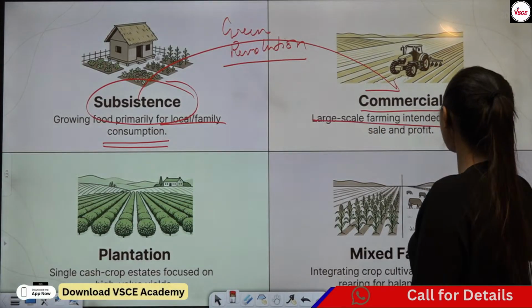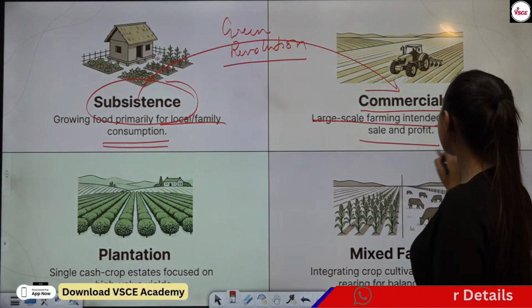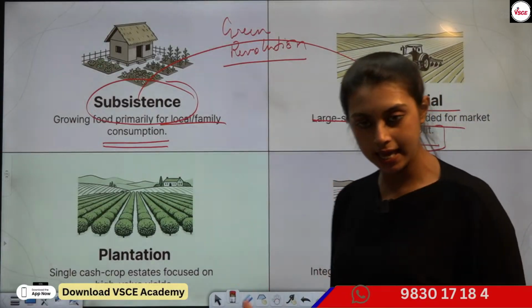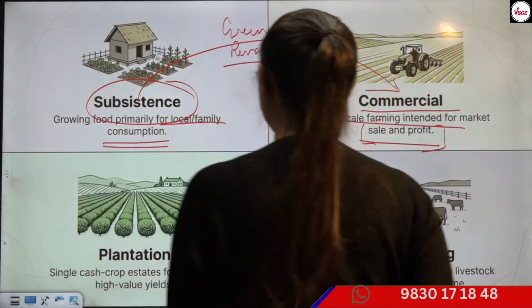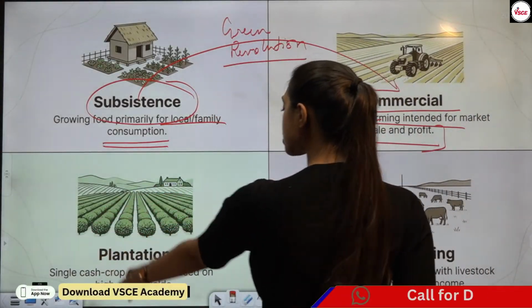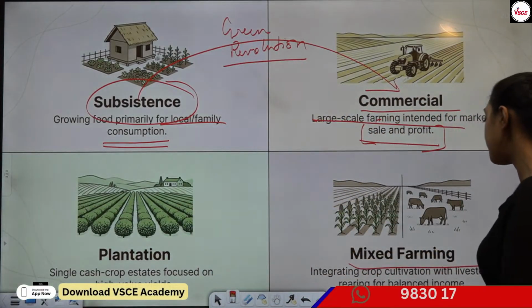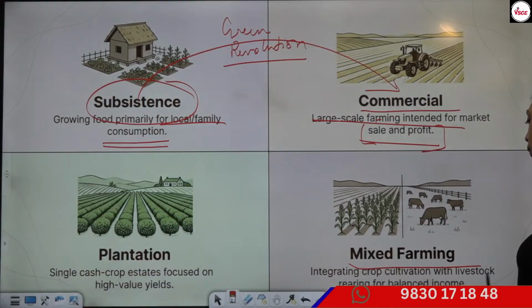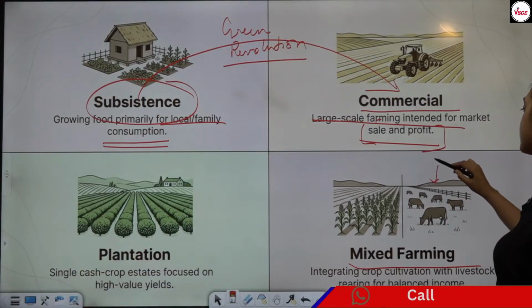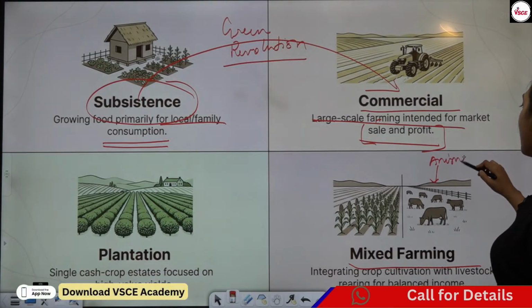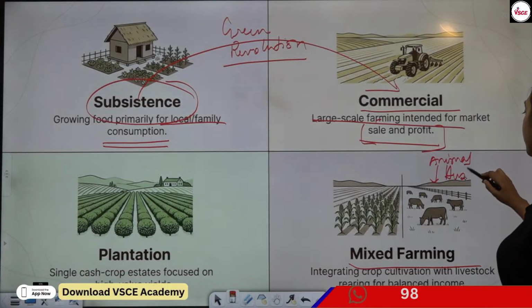Large scale farming intended for market sale and market profit. Plantation is single cash crop estates focused on high value yields, and mixed farming means integrating crop cultivation with livestock. What is this called? This is called animal husbandry.